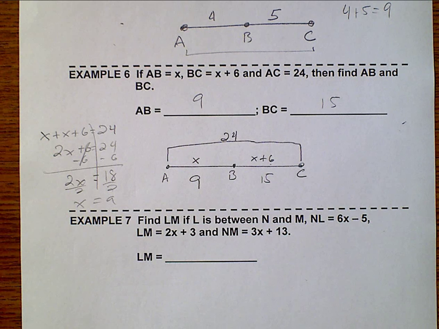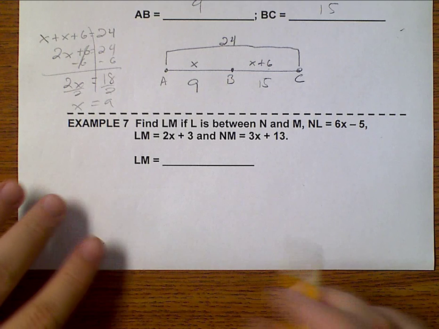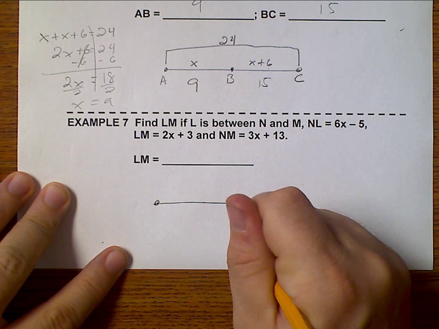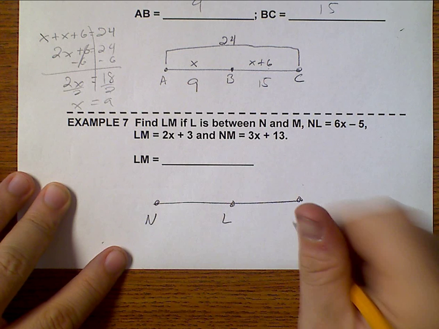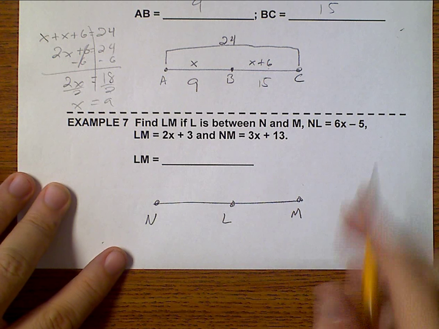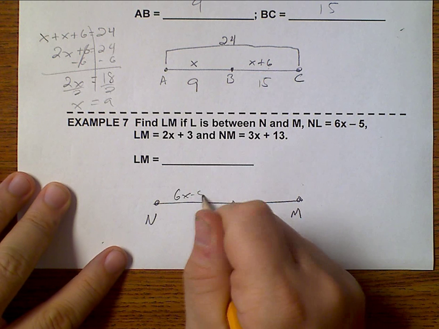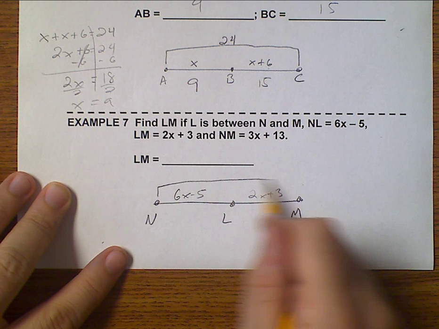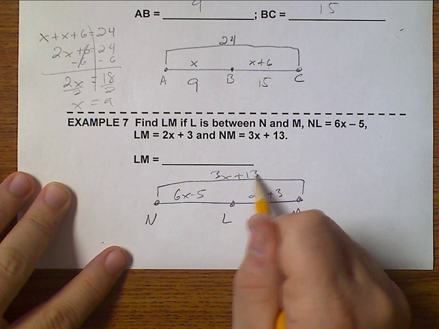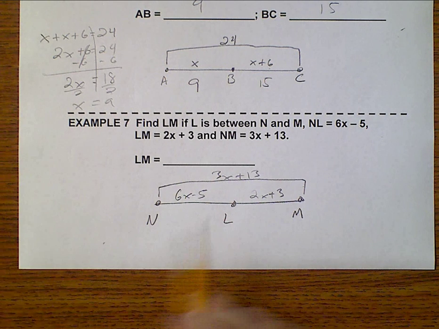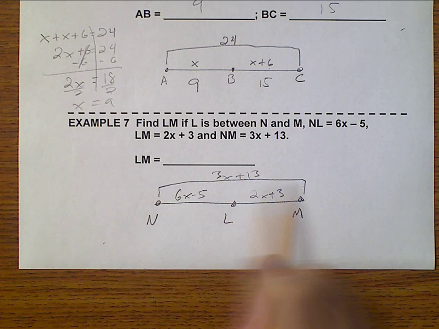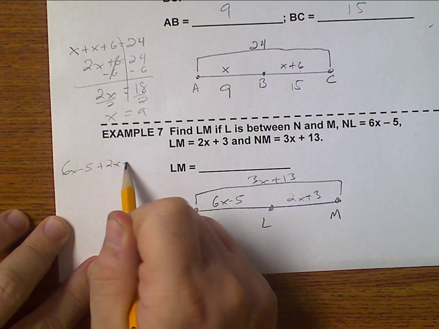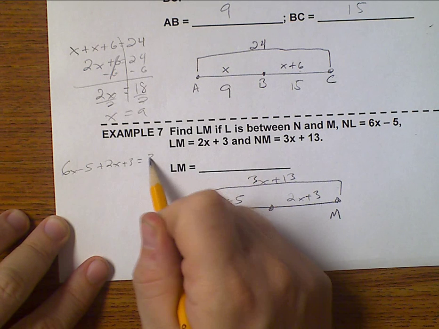We have one last example to work out. Find LM if L is between N and M. So N, L, M. NL is 6x minus 5. LM is 2x plus 3. And NM, the whole thing, is 3x plus 13. Well, again, this part plus this part equals the whole. So, 6x minus 5 plus 2x plus 3 equals 3x plus 13.